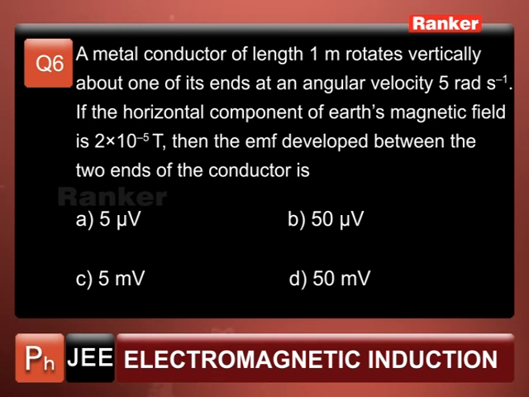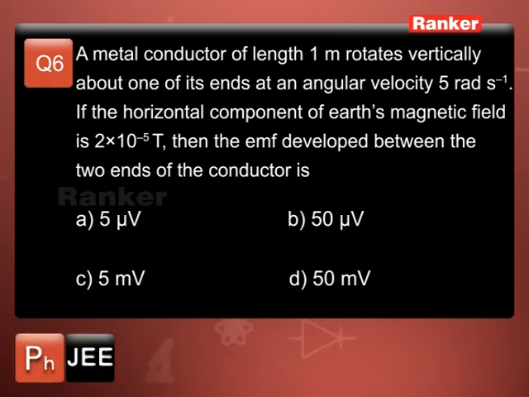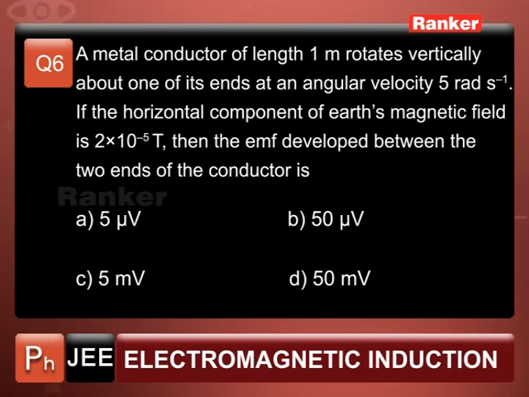The second option is 50 microvolt. Option 3 is 5 millivolt. And option 4 is 50 millivolt. So the correct option out of the 4 is the second one, which is 50 microvolt.